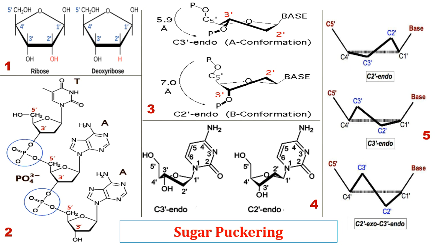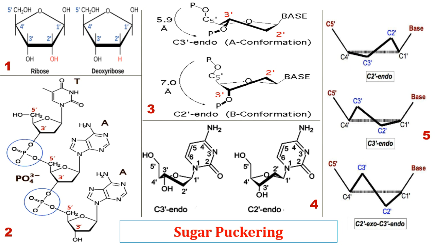In the same image, for C2' endo, carbon number 2 has moved upside from the normal planar position of the sugar ring. Such C2' endo conformation is present in regular B DNA. Next, image 4 represents the C3' endo and C2' endo sugar puckering in cytidine nucleoside conformation.